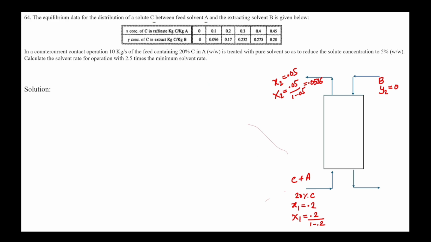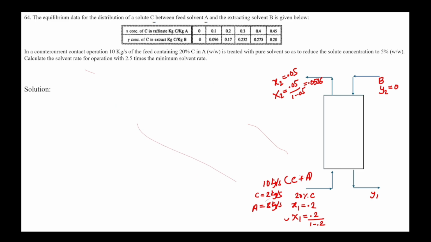So this whole quantity is 10 kg per second. In this whole quantity, C is equal to 2 kg per second and A is equal to 8 kg per second. So applying balance, this is Y1. We will use mole ratio, that is the capital values, because moles of solute divided by the moles of the solvent.